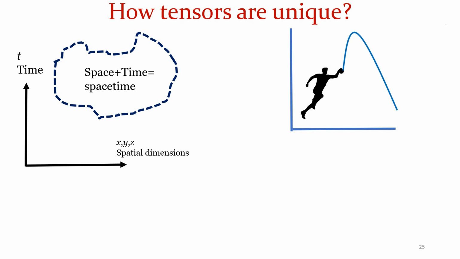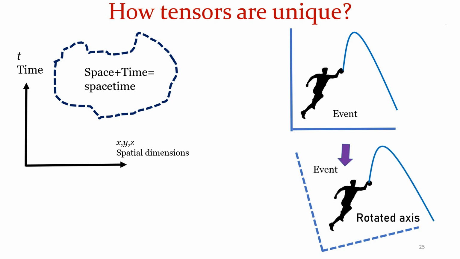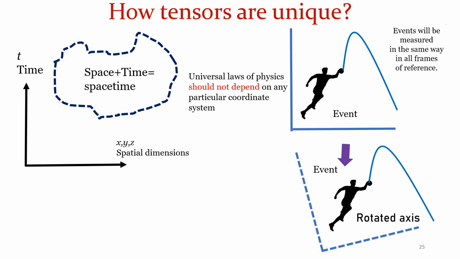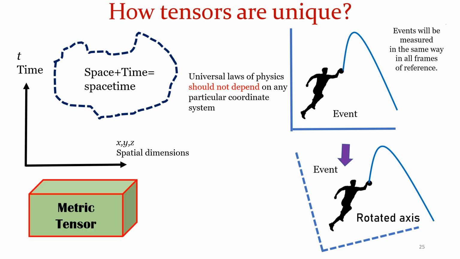So in this four-dimensional space-time, even if that person is throwing the ball in this one and in this rotated axis, the universal laws of physics should not depend on any particular coordinate system. So events will be measured the same in all frames of reference, whether it is time and space, or we take a lump and unite it into space-time.